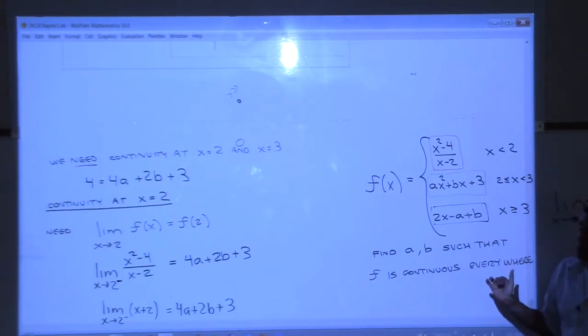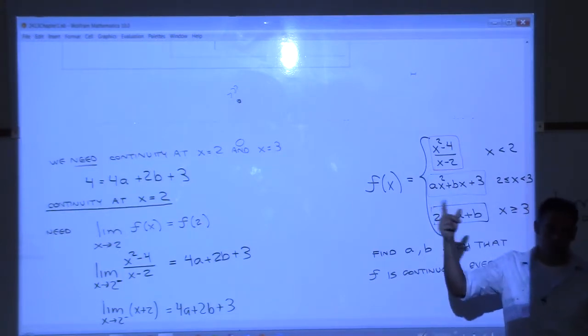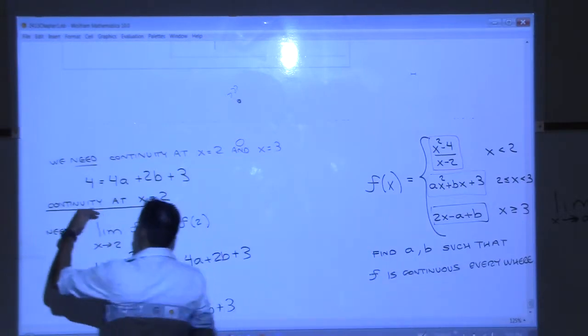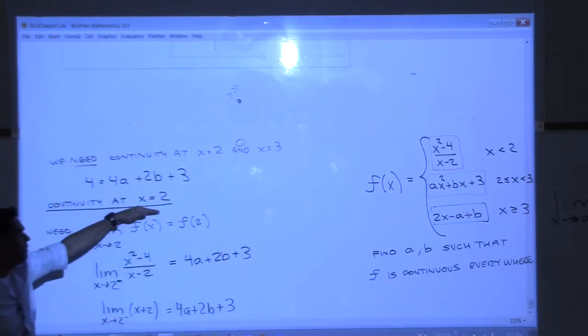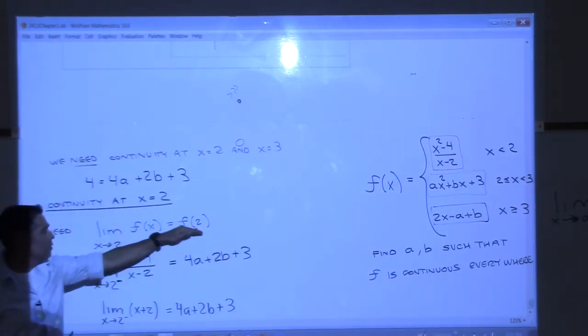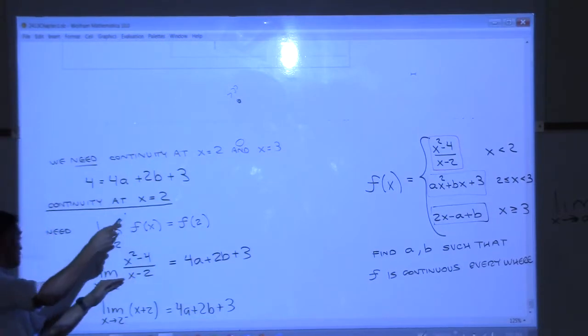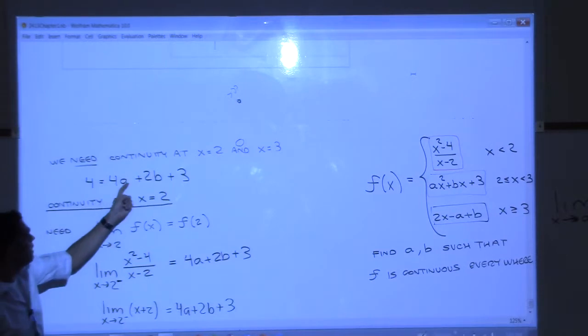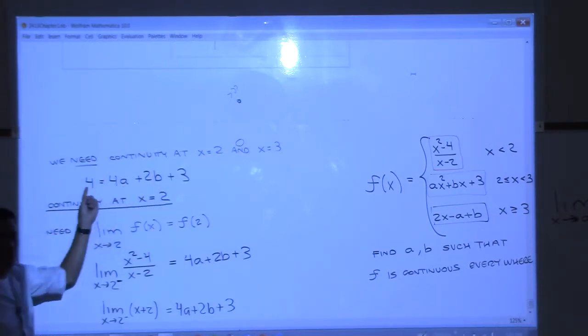There are only 2 places it's not continuous, at 2 and at 3. At 2, we forced it to be continuous. We figured out the function's value there, took the limit, and identified which part of the function to work with. At the end, 4a plus 2b plus 3 must equal 4. We cannot solve that equation for a and b, because we only have one equation and 2 unknowns.